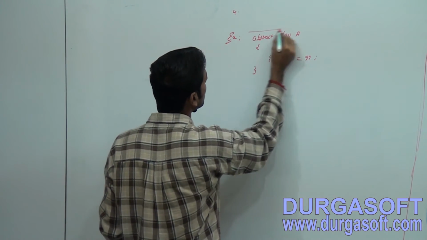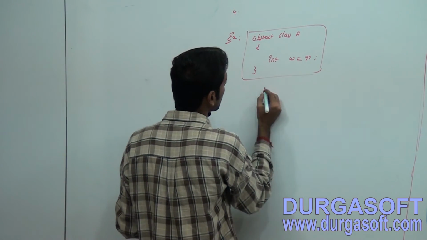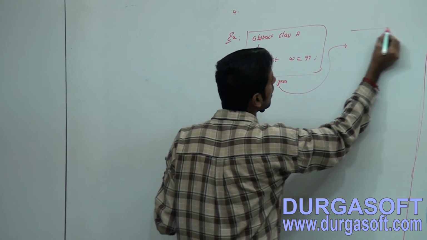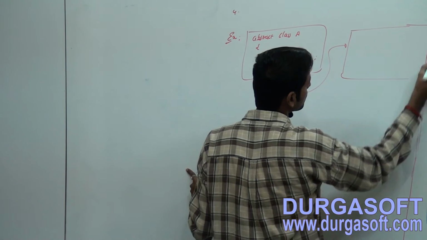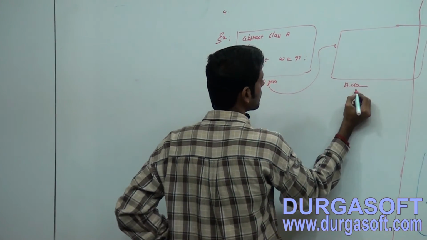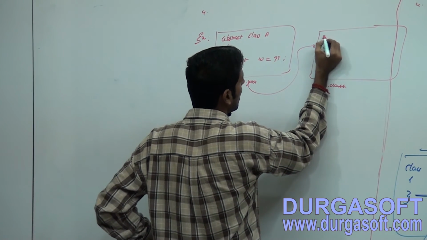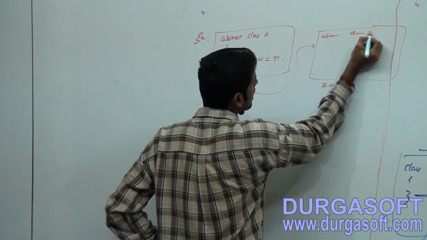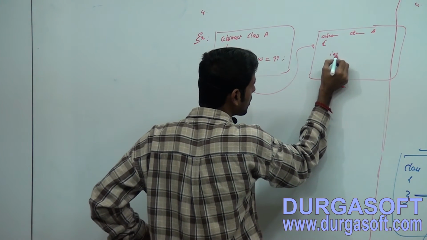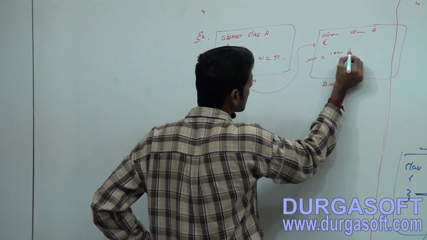Now if I compile this source code, A.java, and observe the A.class file, abstract class A, am I going to get any public static final here?